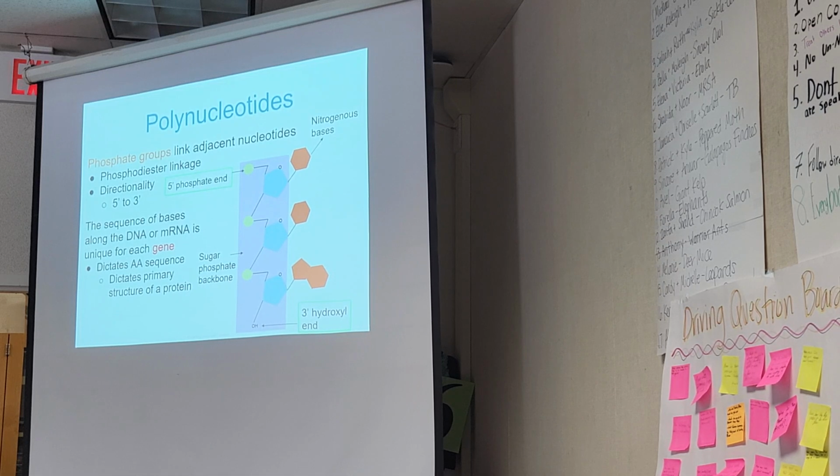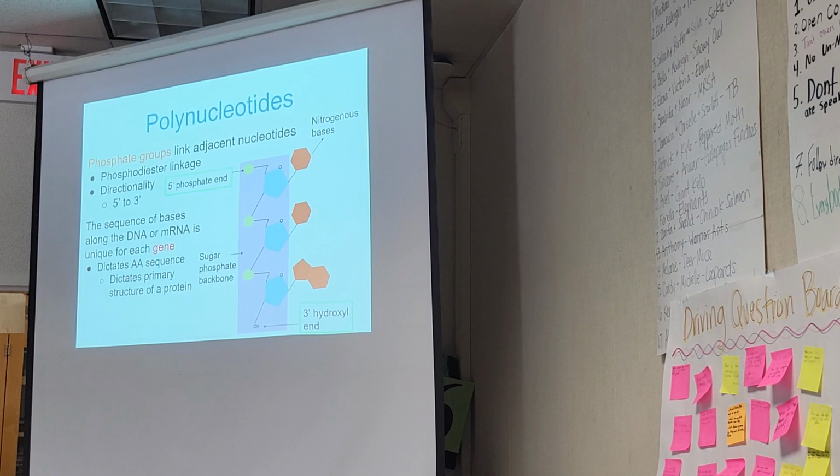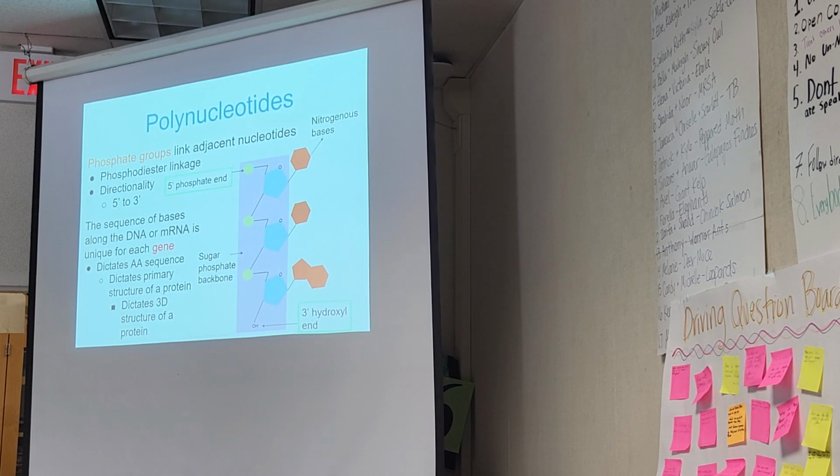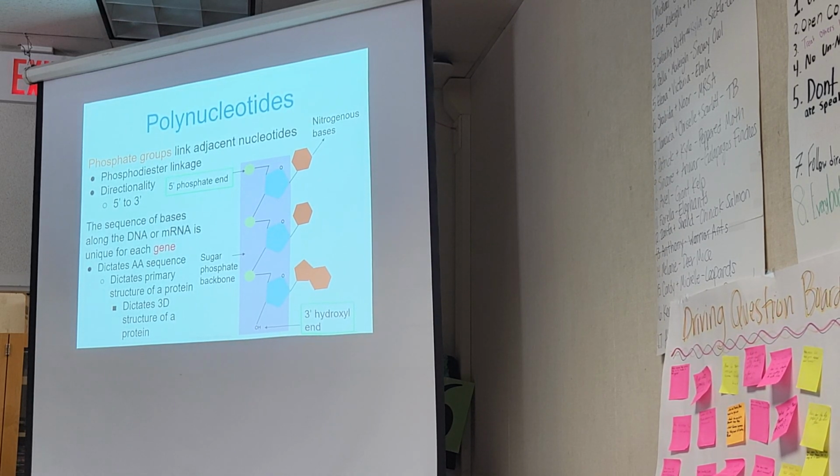Two or more proteins come together to make what structure? Quaternary, and that's our functioning enzymes. So the primary dictates the 3-dimensional structure of the protein, which is the tertiary structure.